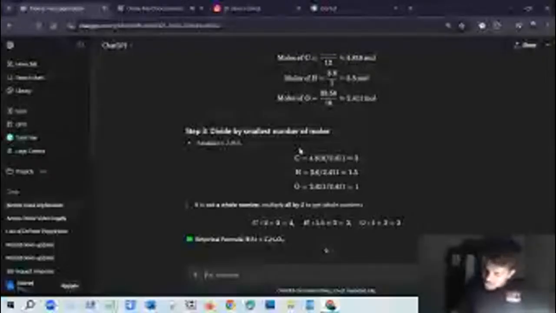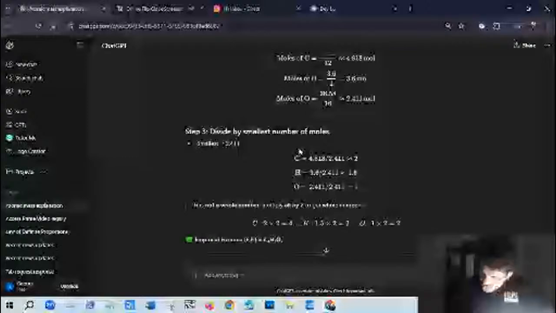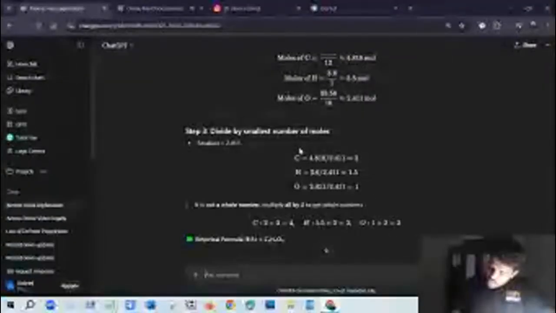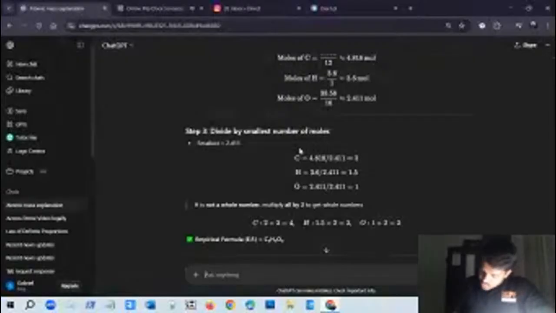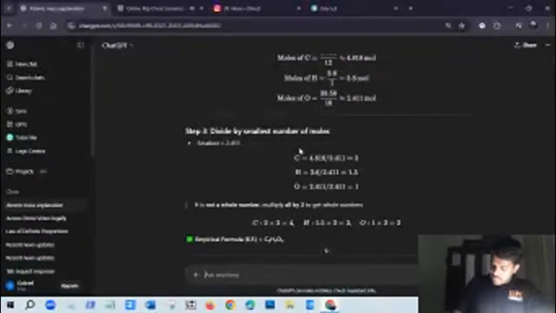You take the smallest number, so 4.81 divided by 2.4 is equal to 2. And 3.6 divided by 2.4 is equal to 1.5 for oxygen.